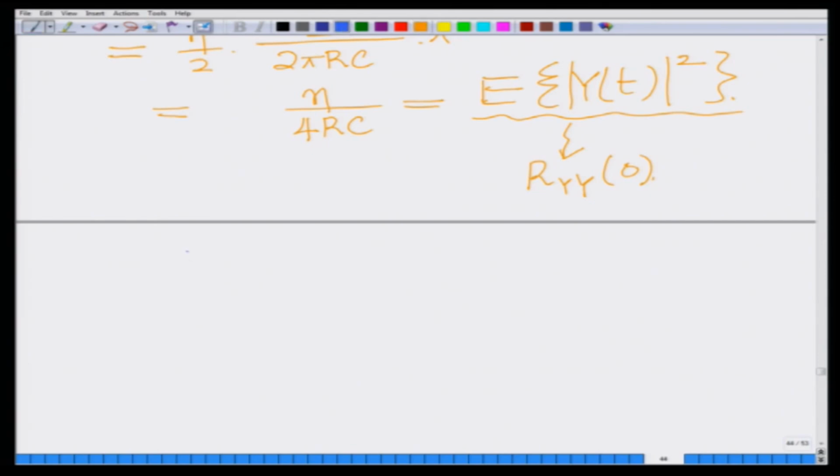Now, also we are given that x t is 0 mean.